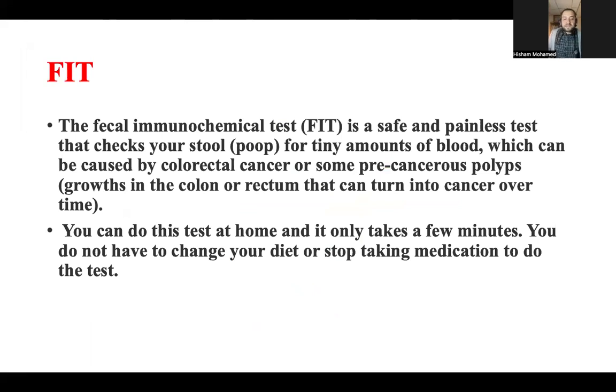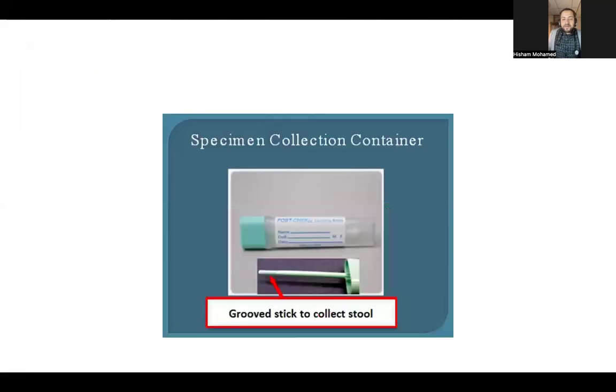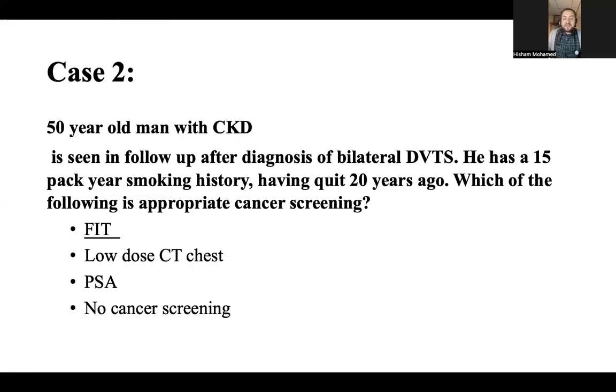A safe, painless test that checks stool for tiny amounts of blood. After FIT, you can go for colonoscopy and further screening for colorectal cancer. So it's a very, very simple test. So our patient needs FIT in this question.